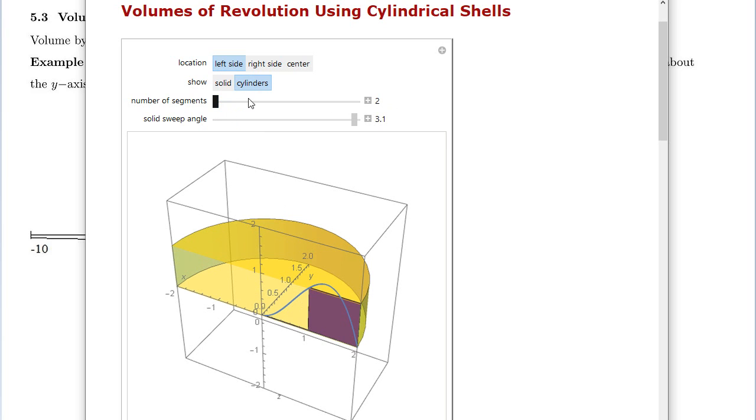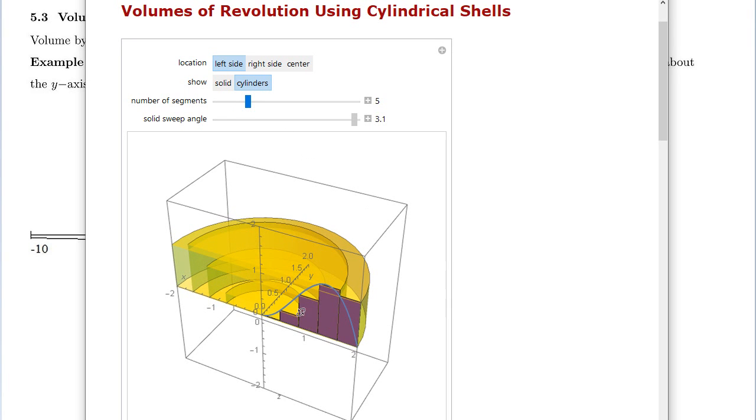Not seeing a whole lot going on there, but let's say we have 3 cylinders here. So this one down here, this cylinder rotated around, and then this one rotated around. And here's with 5 cylindrical shells. So you see this inside shell, second one, third one, fourth one. Well, I guess this first one is at height 0.